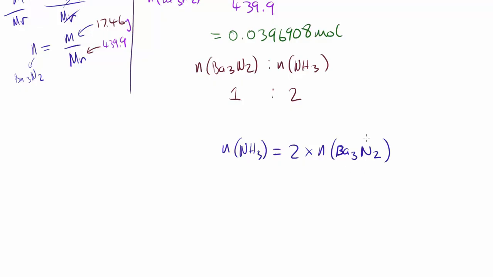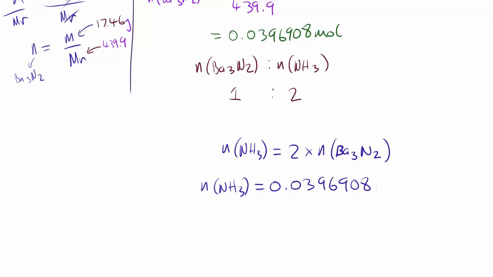And we have this value, right? So therefore the number of moles of NH3 is equal to 0.0396908 moles, right? Yeah, no, wait. Multiplied, yeah.